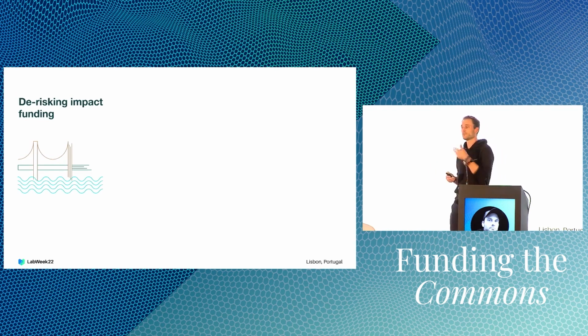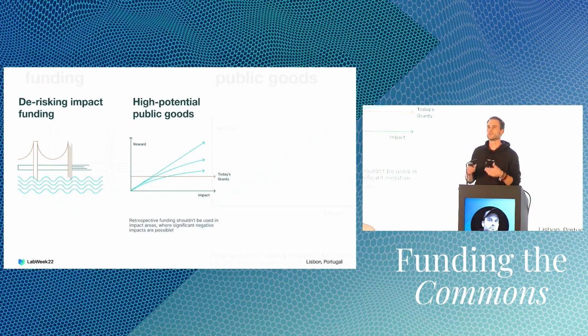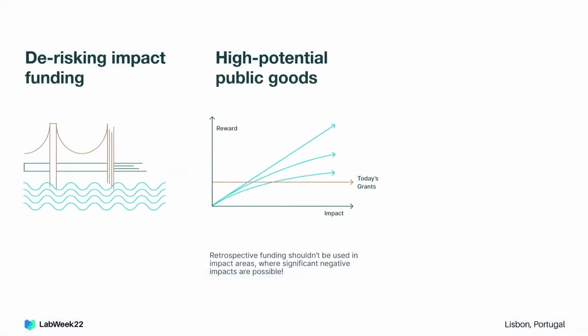So it's easier for the retrospective funders, but at the same time, they actually create powerful incentives for the contributors, for those who create the impact. And that is because when you fund it retrospectively, you can make sure that you actually increase the rewards as the impact increases. So we have an increasing function of rewards in the impact.